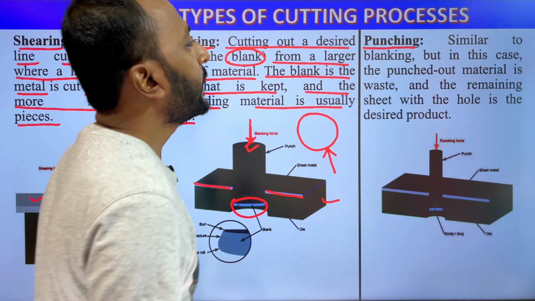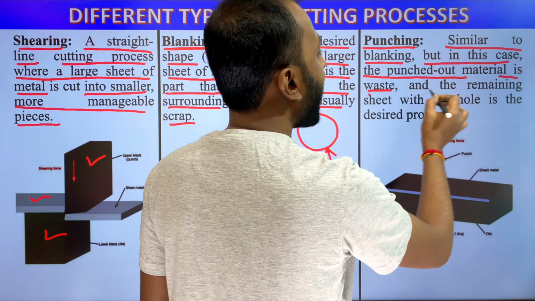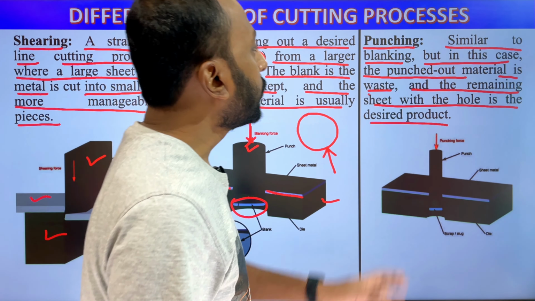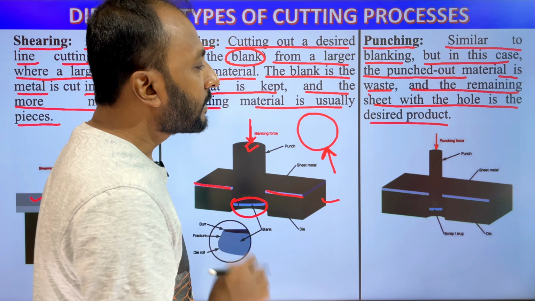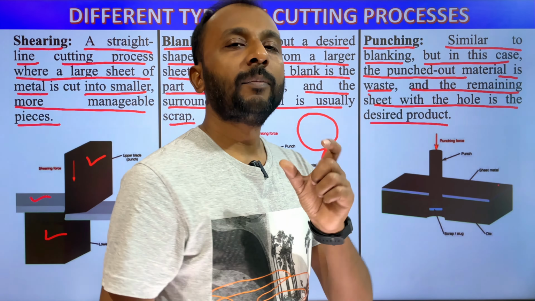Let's now see what is punching. Punching is similar to blanking, but in this case the punched out material is waste and the remaining sheet with the hole is the desired product. So punching is like blanking operation, but in blanking operation the cutout part was product, but in the case of punching the cutout portion is scrap and the material from which a portion has been cut out is called product.